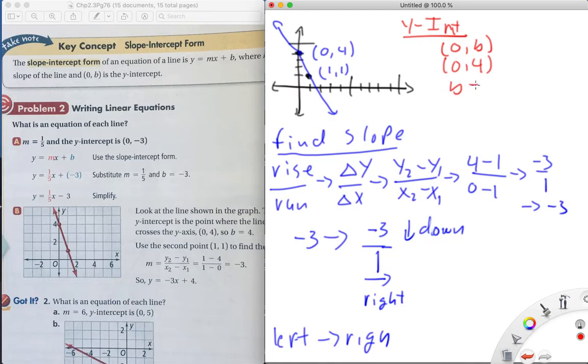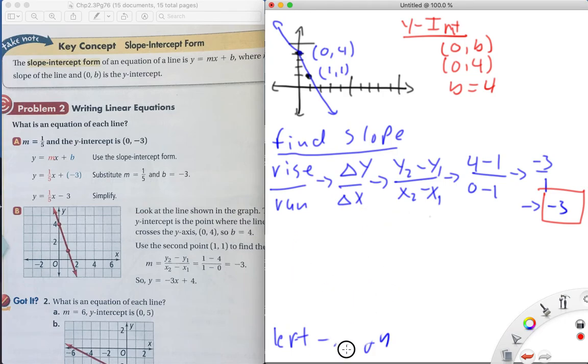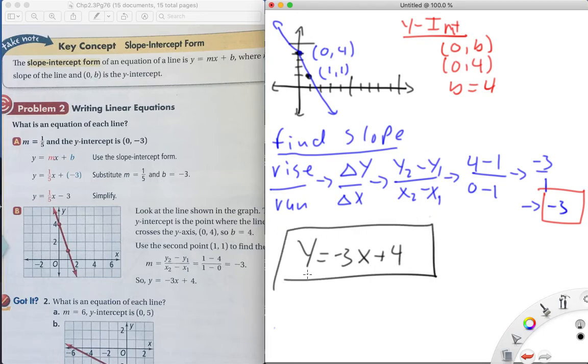So our y-intercept is 4. So we have a slope of -3 and a y-intercept of positive 4. Our final equation is going to be y equals -3x plus 4.